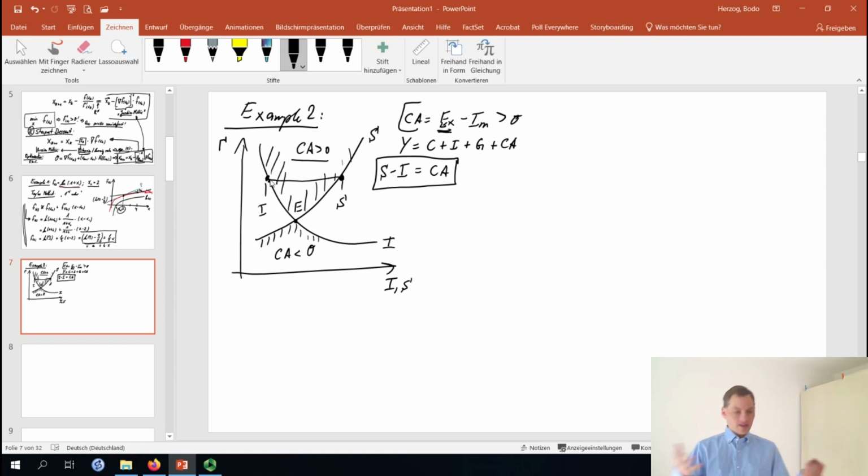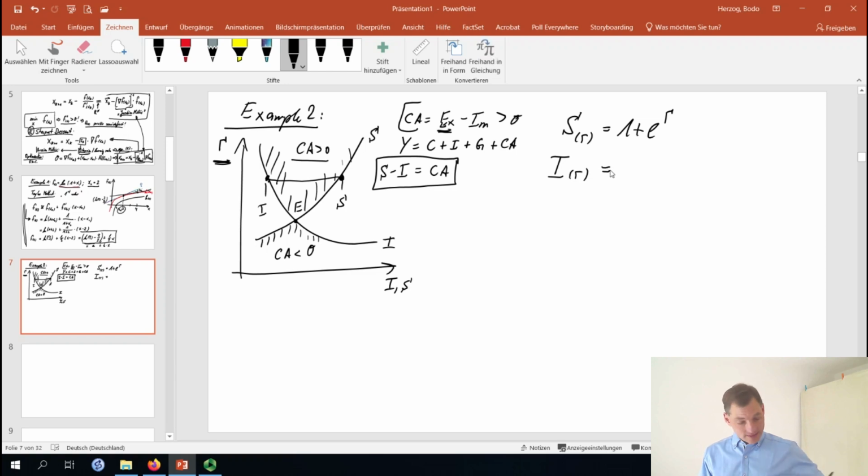So now we want to calculate this, yeah, by using functions. So suppose my saving curve, which is the upward sloping curve, is a function 1 plus e to the power of r. Yeah, it's dependent on r. And my investment curve is also dependent on r, and it's downward sloping.